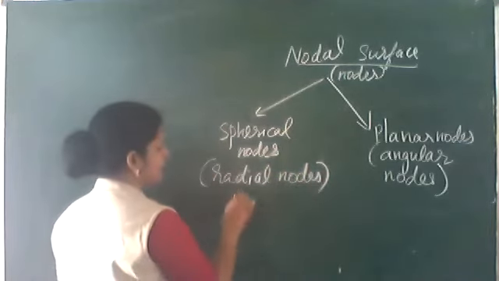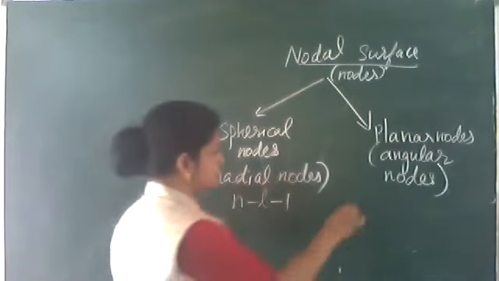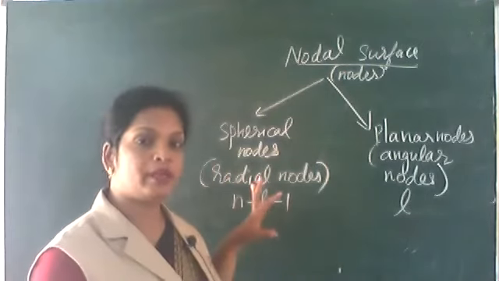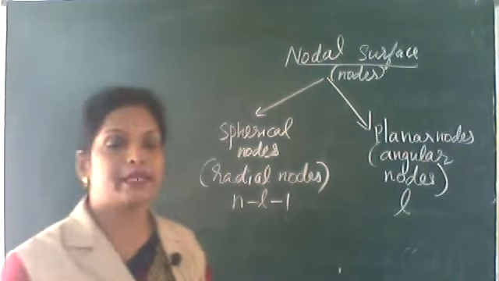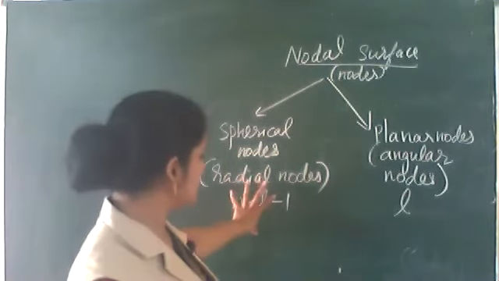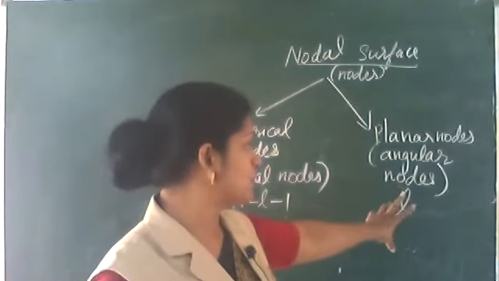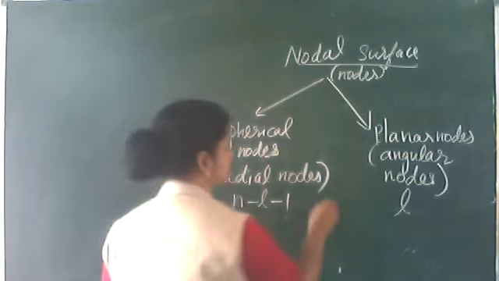Radial nodes are given by n minus l minus 1, and angular nodes are given by l. For a particular orbital, how many spherical nodes and how many planar nodes are there? Spherical nodes are given by n minus l minus 1, and angular or planar nodes are given by l. So what is the total number of nodes?